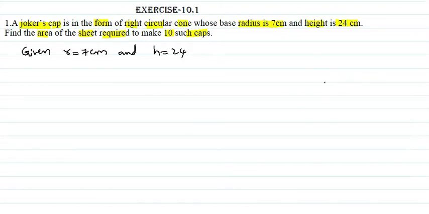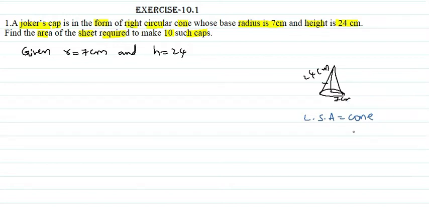So to find the sheet required to make 10 caps, we need to find the total surface area of a cone. Why? Because the cone is in the shape of a cap, so we need to find the LSA of a cone.